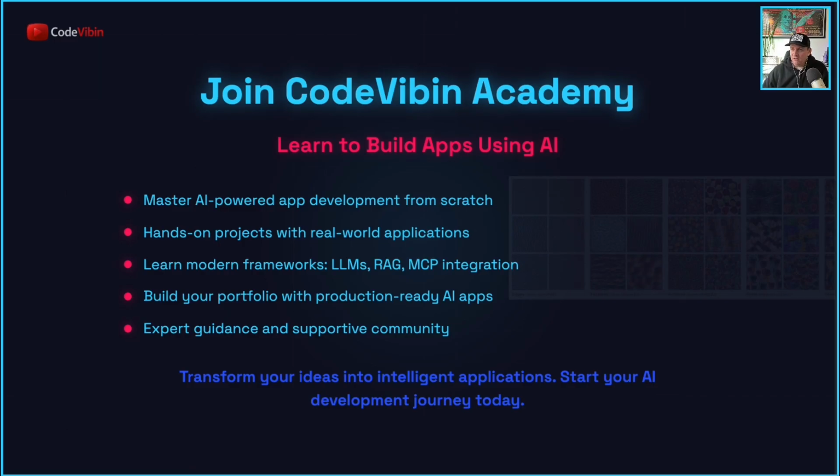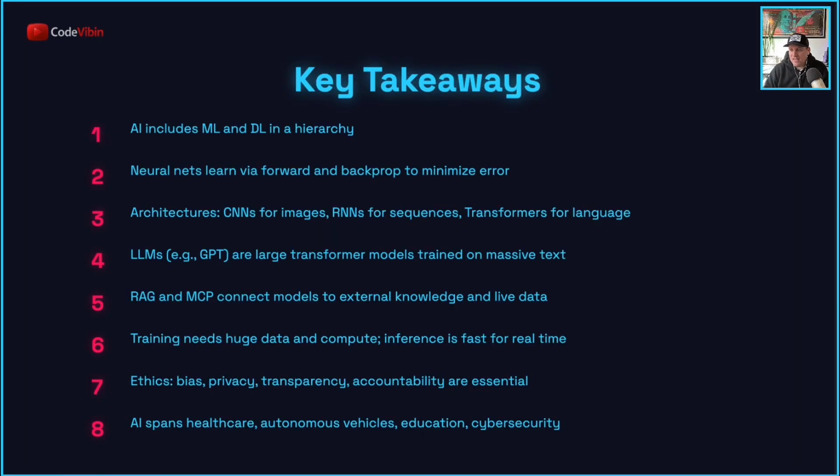And so AI includes ML and DL in a hierarchy, and neural nets learn via forward and back prop to minimize error. Architectures: CNNs for images, RNNs for sequences, transformers for language.